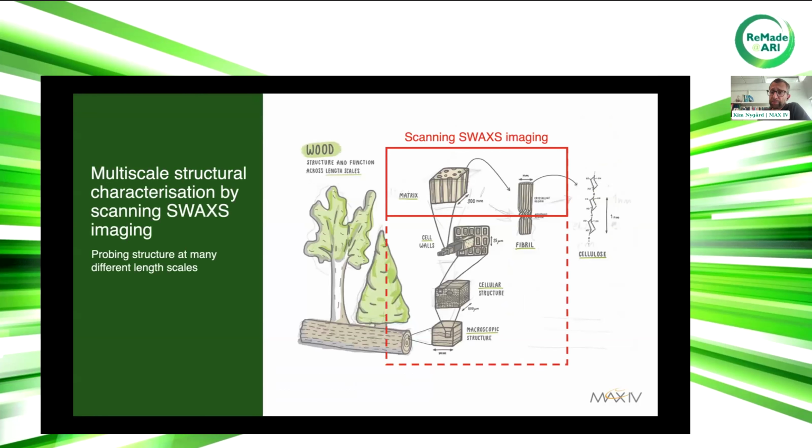So if we get back to this picture of wood at different length scales, with small and wide angle scattering, we probe nanoscale features, in this case from a nanometer to a few hundred nanometers. But because we do these experiments in a scanning imaging mode, we can extend this to mapping out larger samples, up to millimeters, maybe even 10 millimeters.